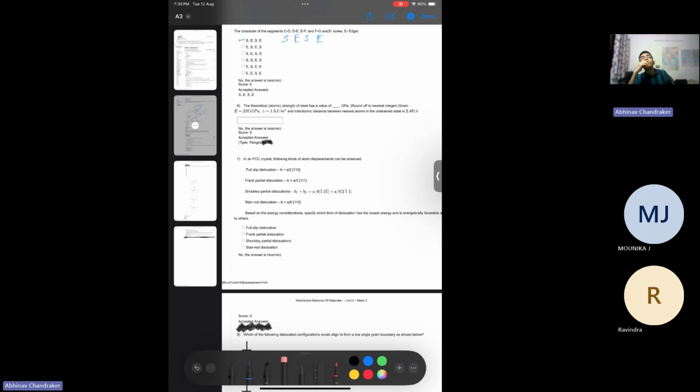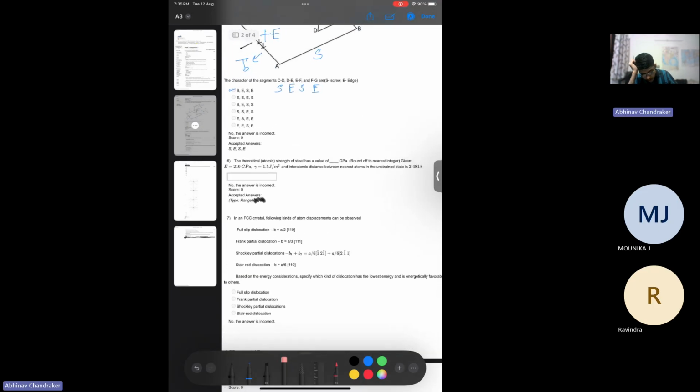Next question. The theoretical atomic strength of steel has a value of this GPa. We have to calculate the theoretical atomic strength.